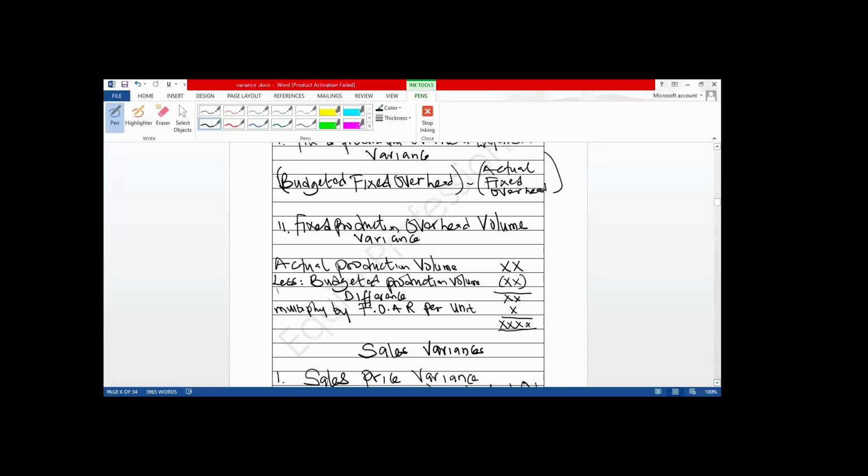Now, please note, you are going to be talking of fixed production overhead cost if the company uses absorption costing system.